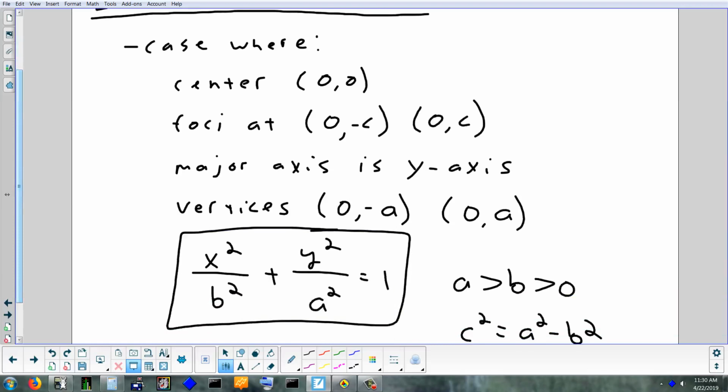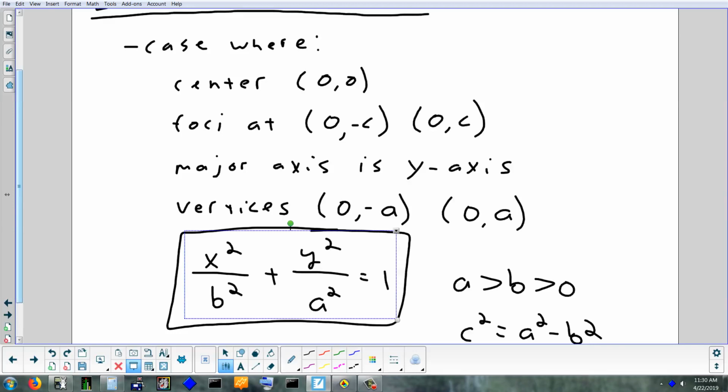So for today, it's the a and the b that can switch places. The x, the y, and the 1 don't. Tomorrow, it's not going to be the a and the b that switch places. It's going to be something different. The equations for an ellipse and what we're going to do tomorrow look almost identical. All you have to do is change one thing, and it makes it a hyperbola. All you have to do is change that plus to a minus.